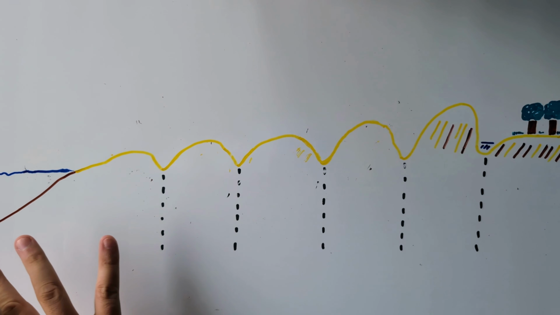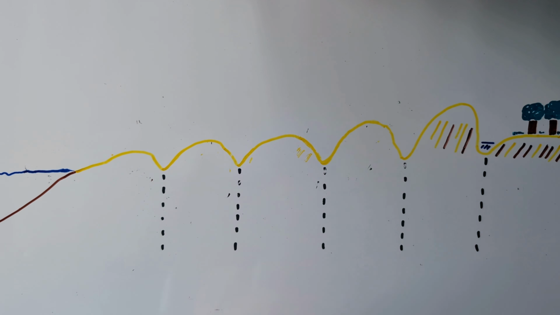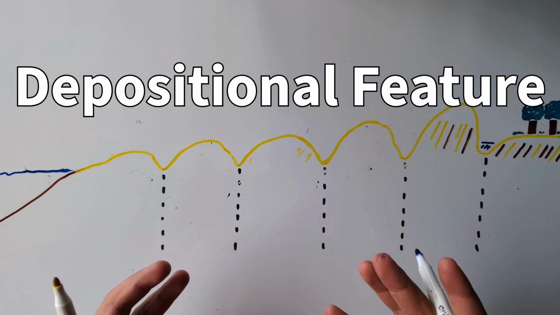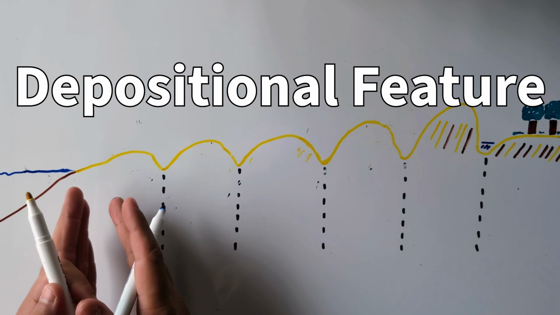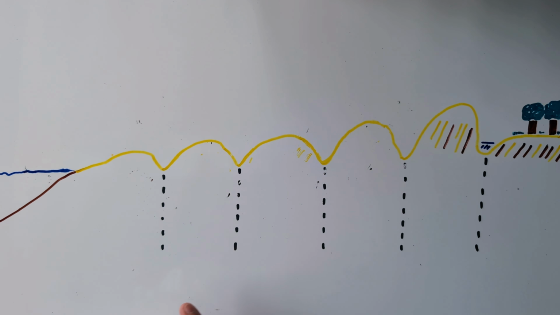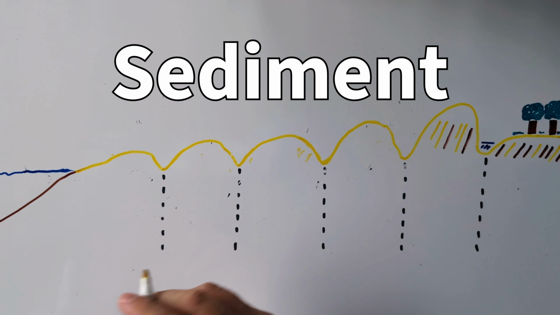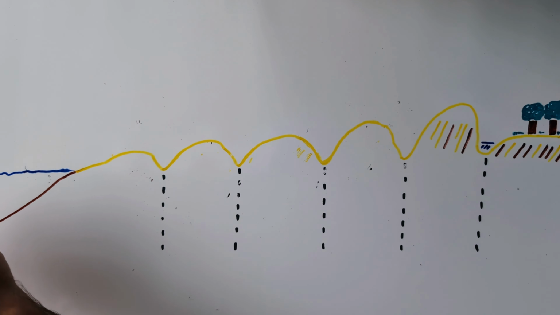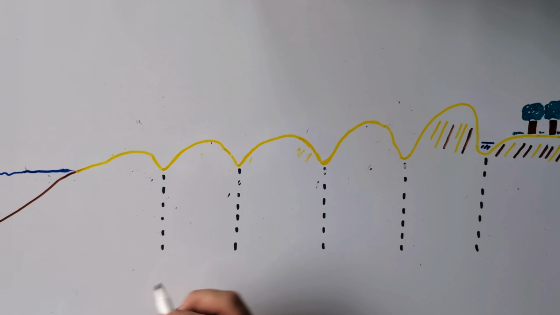Okay, so let's look at what the timeline of a sand dune looks like. Remember, this is a depositional feature, so this is really new land being created, okay? And that's done through the build-up of sediment. So, just before we really get into it, let's see how the dune changes.